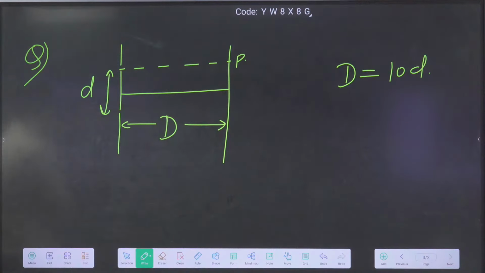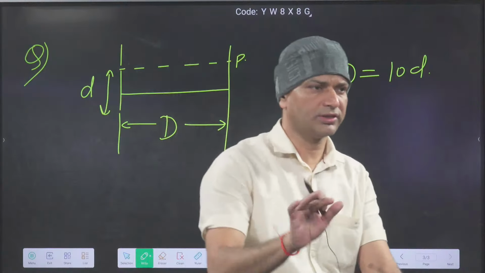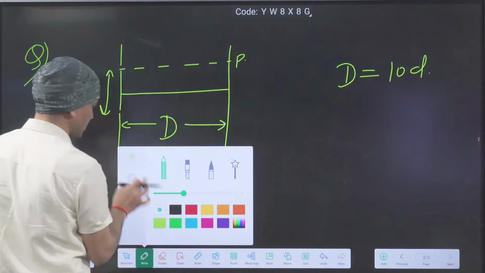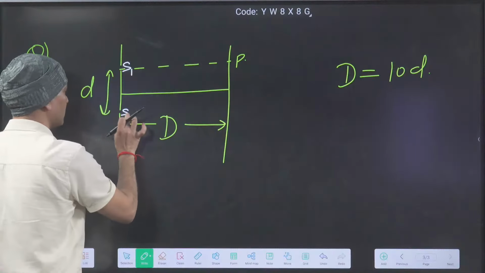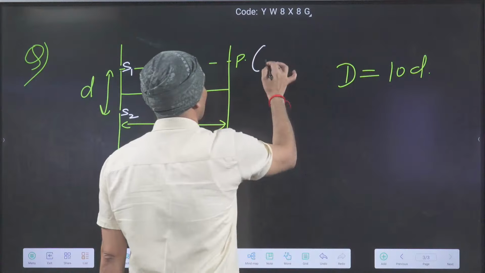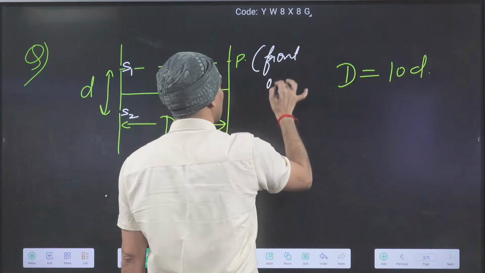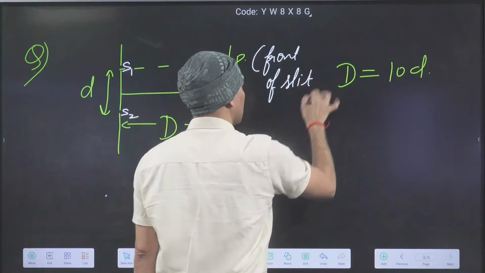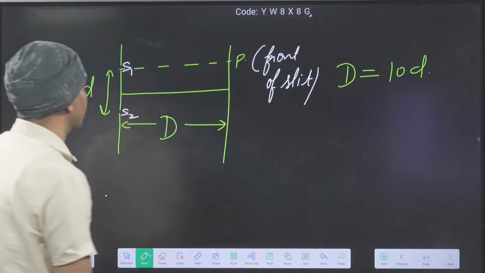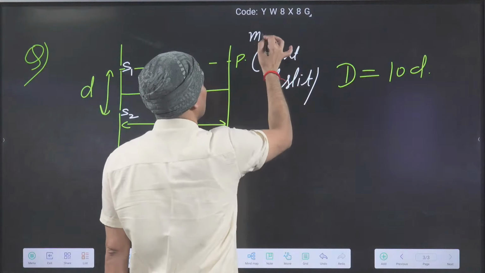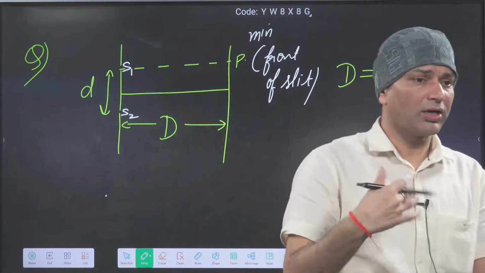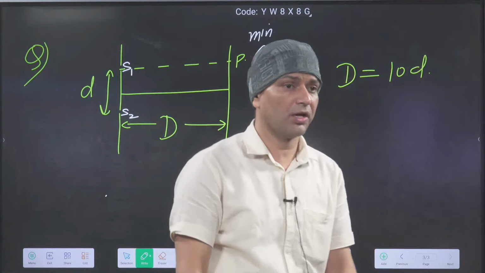Suppose here in the YDSE we are using some wavelength, and two slits I gave, S1 and S2. At any point P in front of the slit, if we are getting the minima in front of one of the slits, then what are the possible wavelengths we can use?